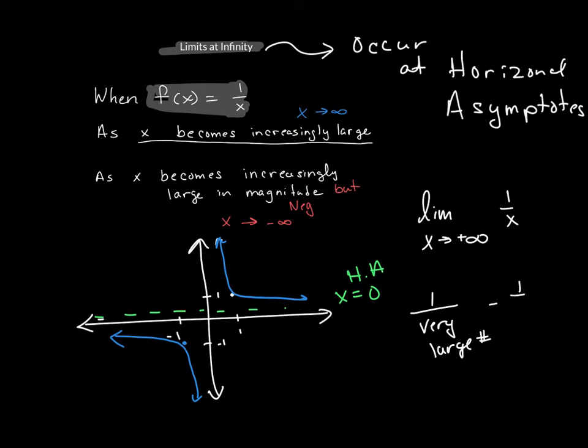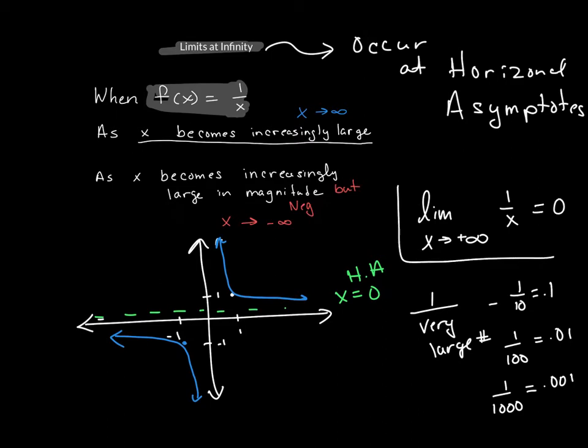So if you have 1 over 10, that's 1/10. 1 over 100, 1 over 1,000. So every time you increase that by a power of 10, you're moving the decimal place over. So as x gets extremely large, that number is going to get closer and closer to 0. So the limit as x approaches infinity of 1 over x is equal to 0. And we're going to use this as the basis for what's coming next.